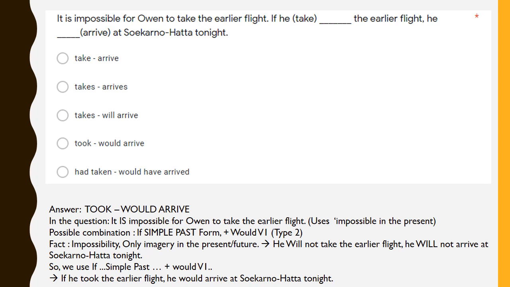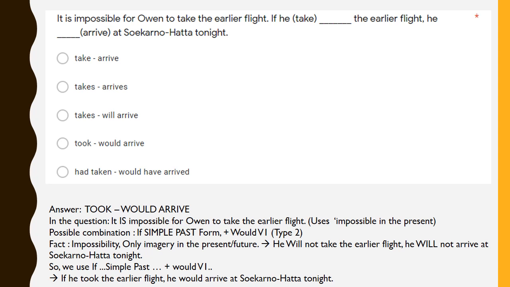As we can see, it uses impossible in the present. So the possible combination is simple past form combined with would verb 1, or type 2, because the fact is an impossibility or imagery in the present or future.